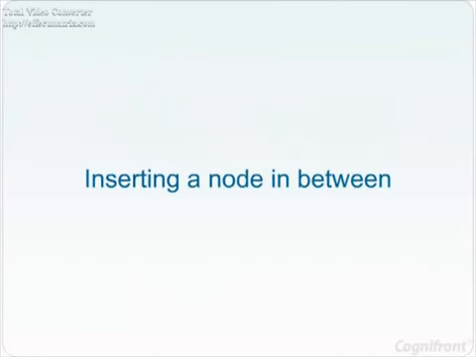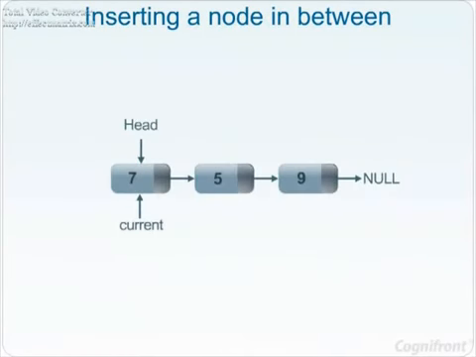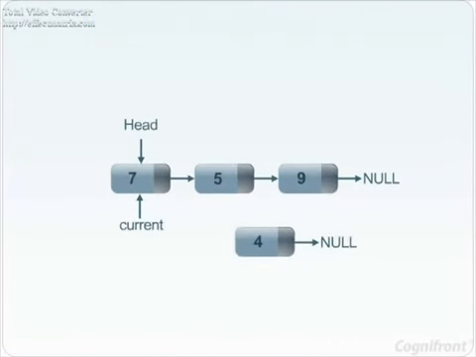Next is inserting a node in between two nodes. For that, create a new node with its data member as 4. We want to insert this node after the node having data member as 5. So, first search the required node and call it as a current node.